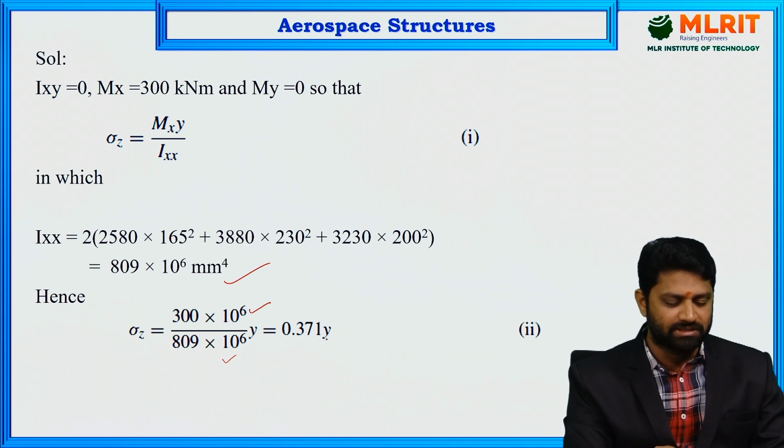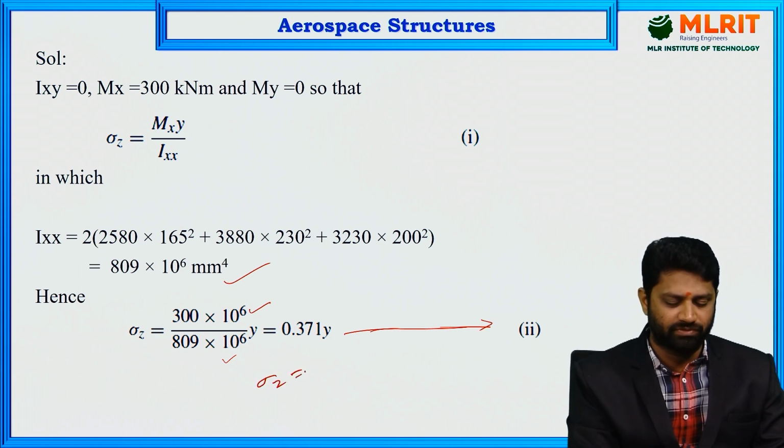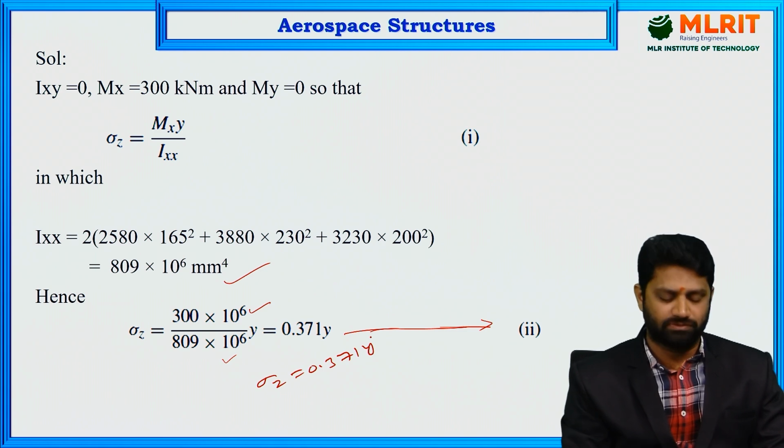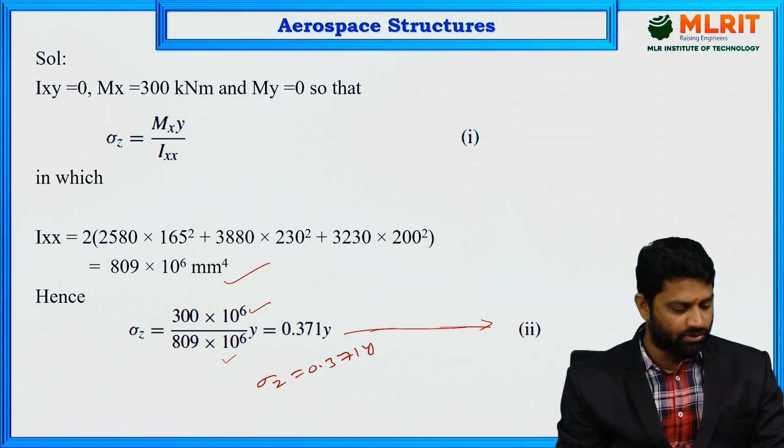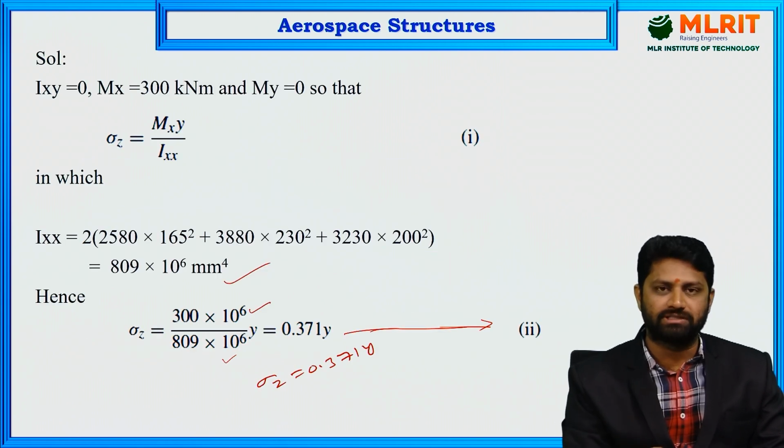Okay, so this is the stress distribution, and you can consider this as equation number 2. So sigma z equals 0.371 into y. After that, you can substitute for the respective booms.